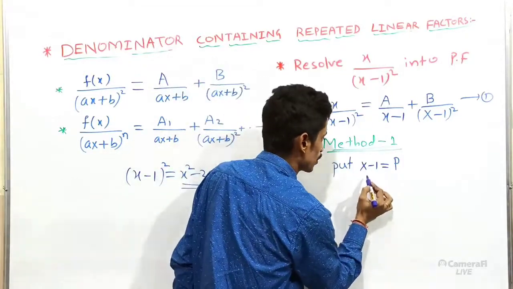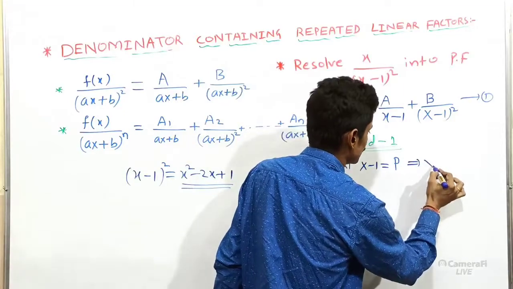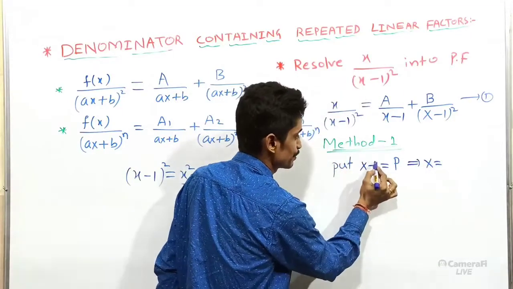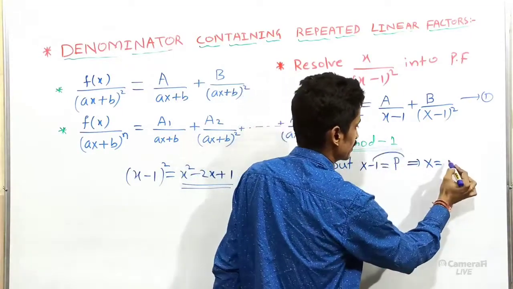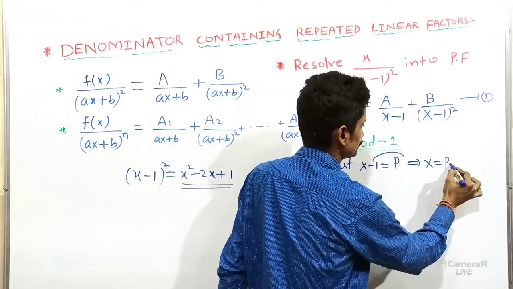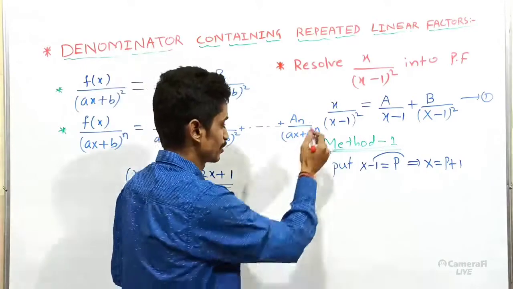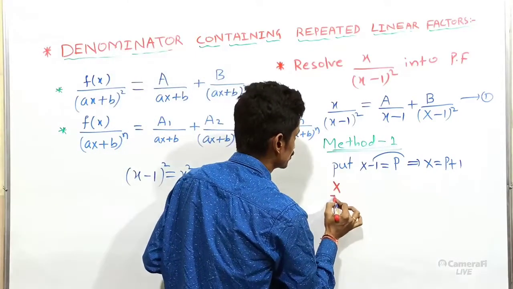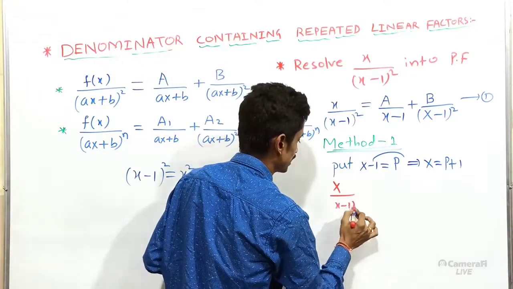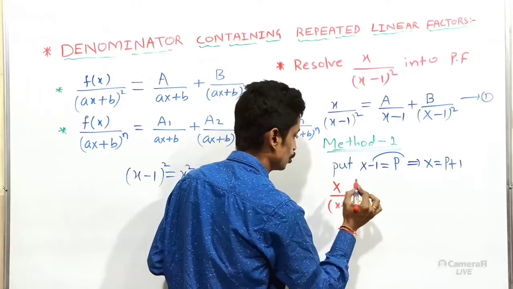Now, what is the value of x then? x is equal to, shifting this 1 to the RHS side, p plus 1. Go to your LHS part. What is your LHS part? x divided by x minus 1 whole square.